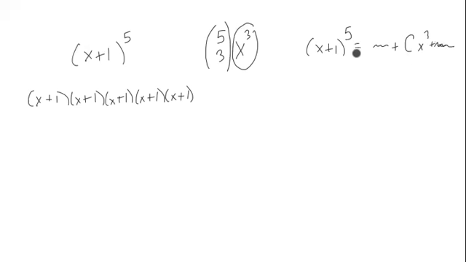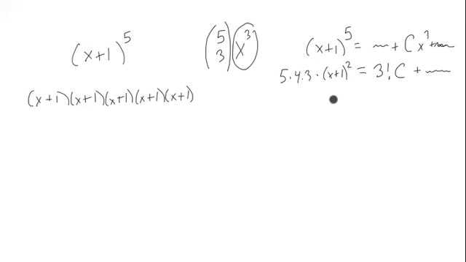Well, what happens if you take three derivatives? You're going to get 3 factorial times c as your constant term, plus other things. Over here, using the chain rule, you're going to have 5 times 4 times 3 times x plus 1 squared.